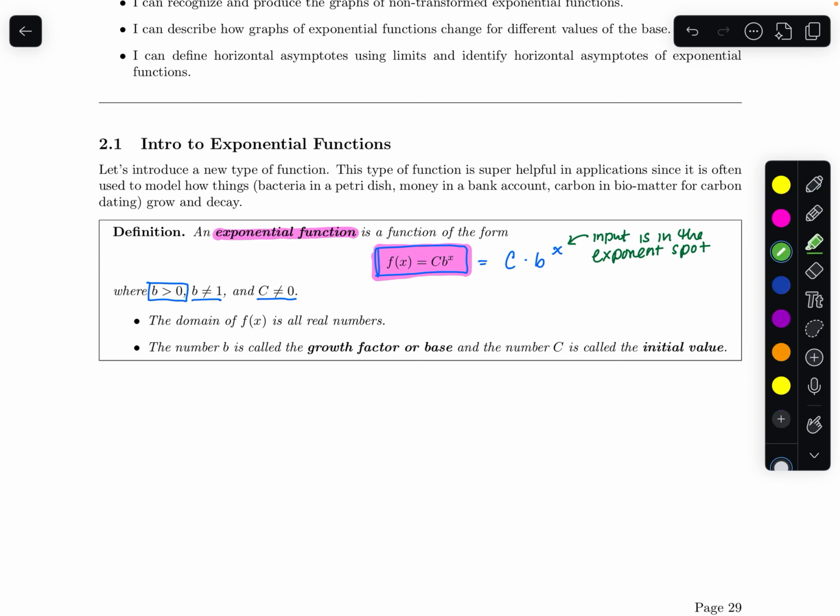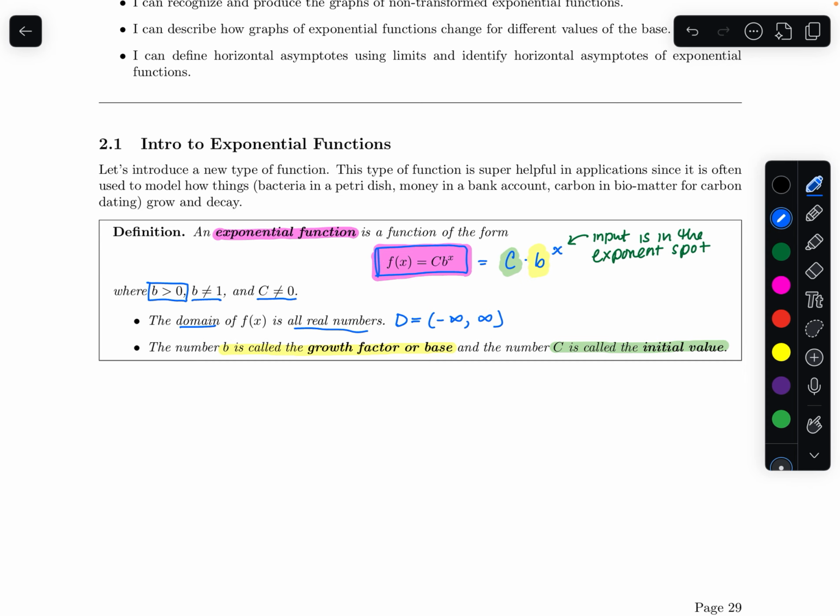And so looking at the parts of this, the c value is called our initial value, and this b value is called our growth factor or base. So either one, right? And then the domain of all exponentials is all real numbers. So in interval notation, the domain is all numbers from negative infinity to positive infinity. Basically, you can plug anything in, right?